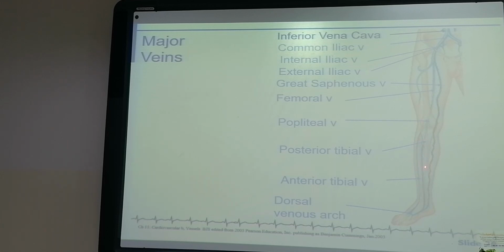So both the anterior tibial, posterior tibial, and the greater saphenous vein join here to the external iliac and internal iliac veins, and they supply their backflow to the external and internal iliac veins.